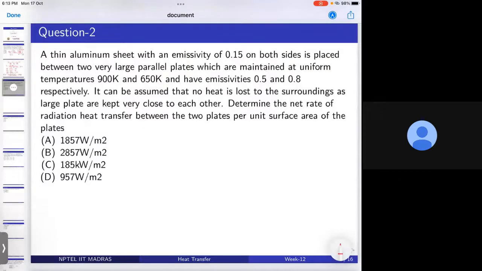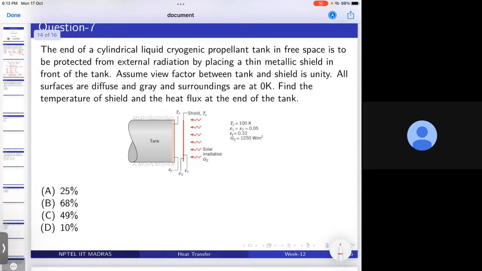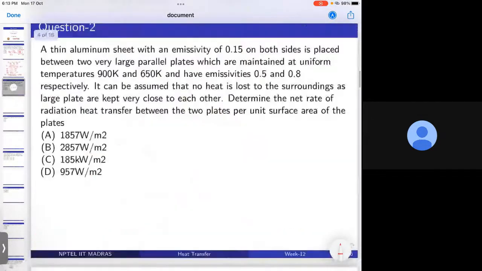Determine the net rate of radiation heat exchange between the two plates. That is what we need to find out.